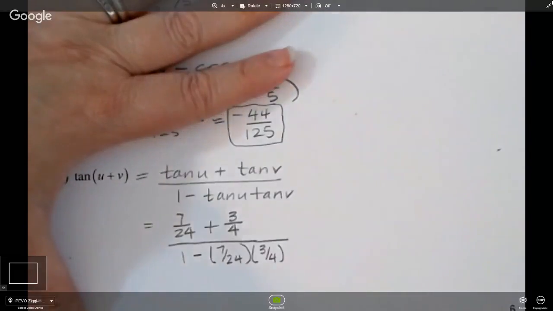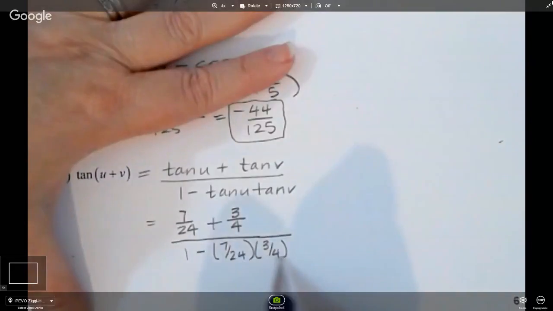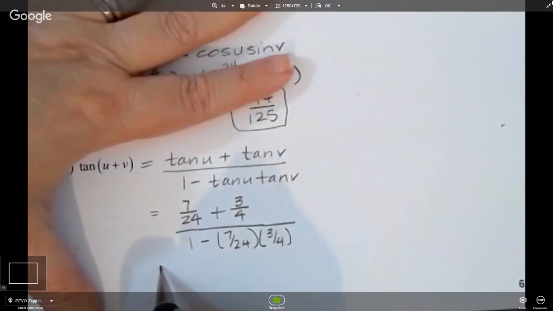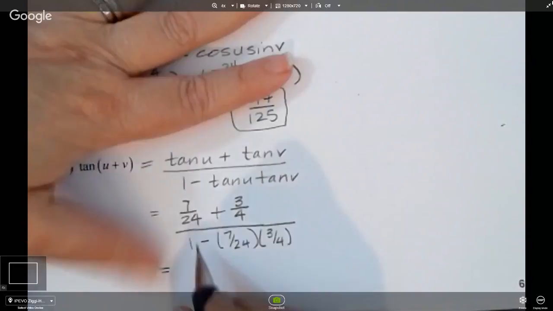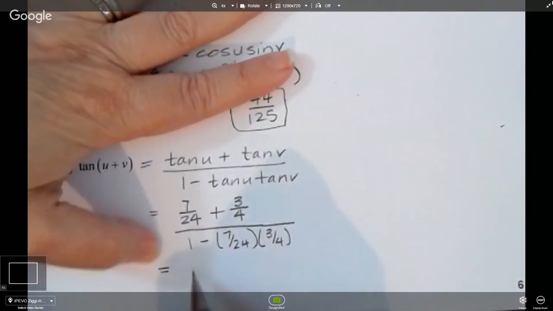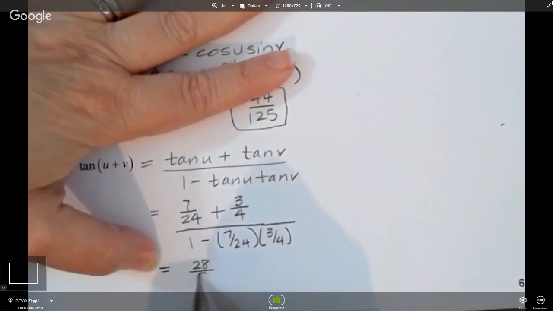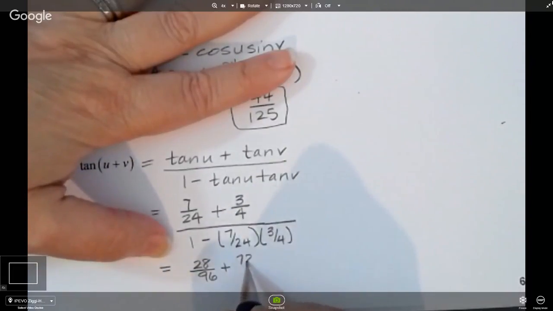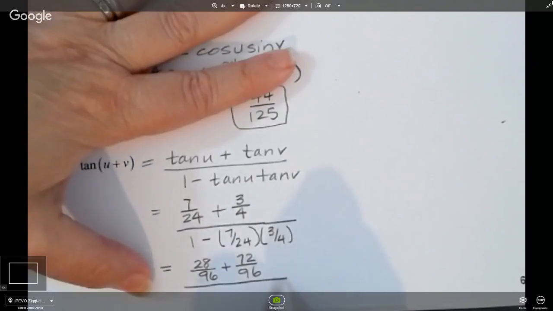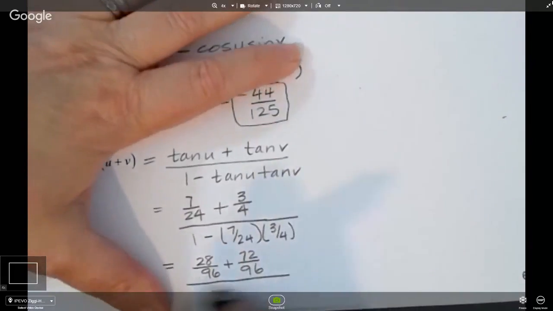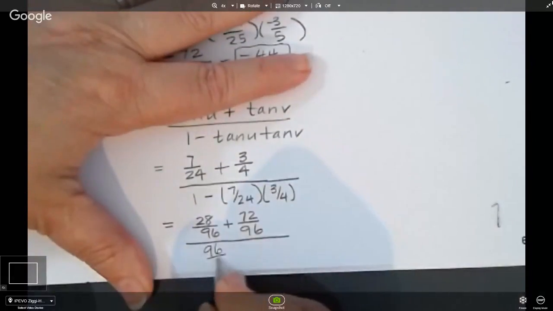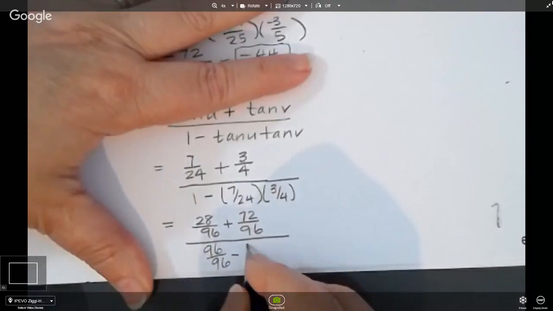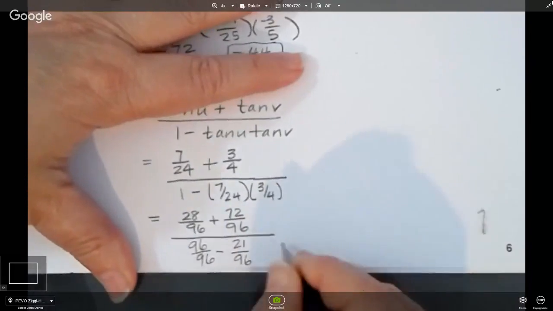And 24 times 4 is 96. So I'm going to keep both of these denominators as 96, because I know that'll eventually cancel. So that's going to be 28 over 96, plus, if I multiply that by 24, that's going to be 72 over 96, over, and this is 1, or I should say 96 over 96. I'm adding fractions here. 96 over 96 minus 21 over 96.